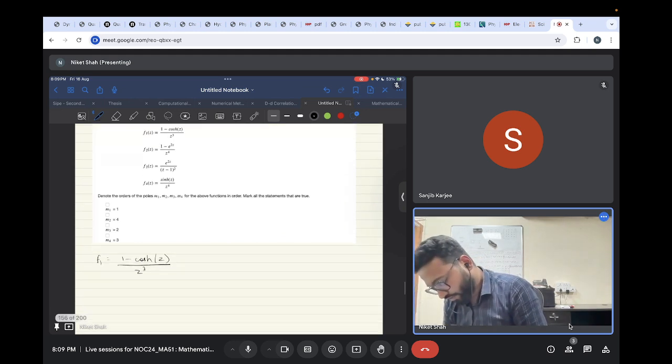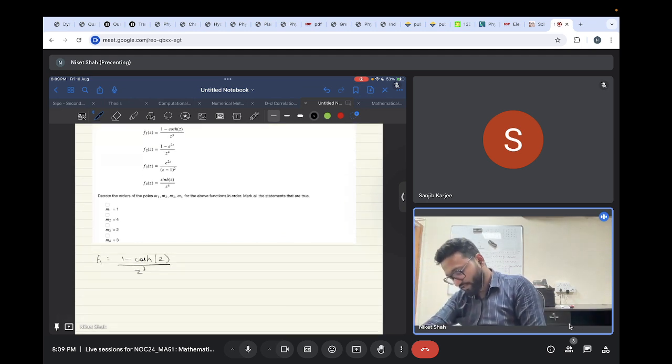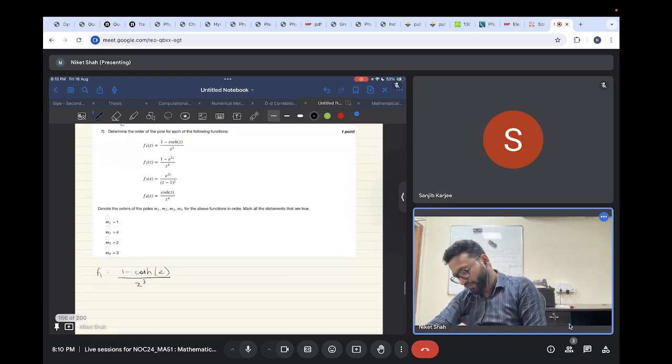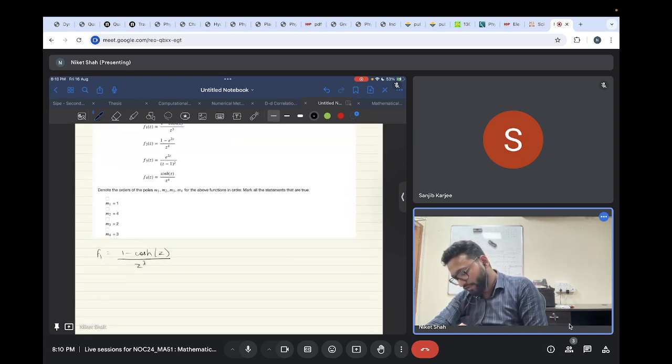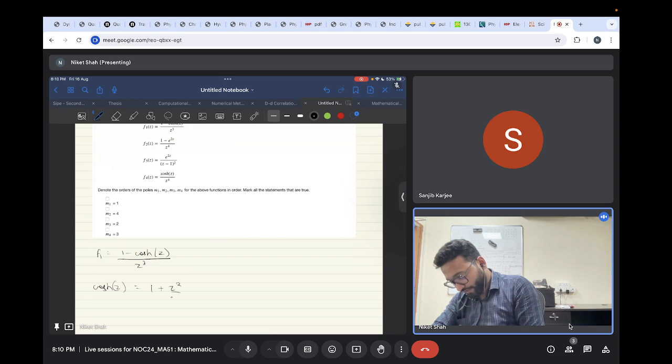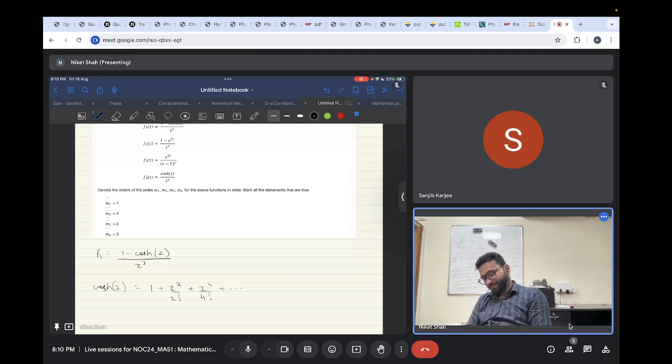So 1 minus cosh z divided by z cube is the first function, and I want to find what is the order of the pole here, right? So what do I do for that? I have to write the Taylor series expansion of cosh of z about z equal to 0, which is 1 plus z square by 2 factorial plus z power 4 by 4 factorial, dot dot dot.